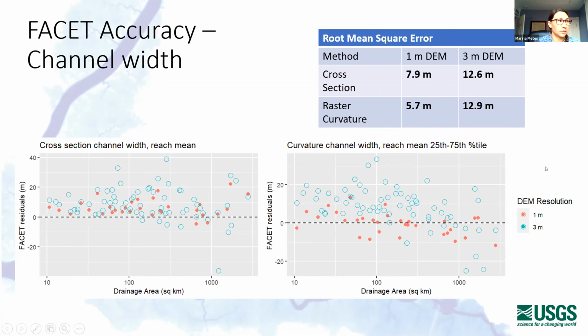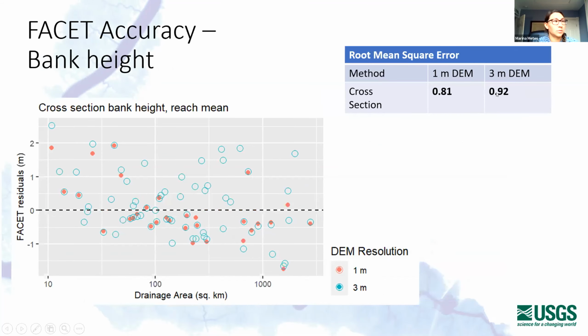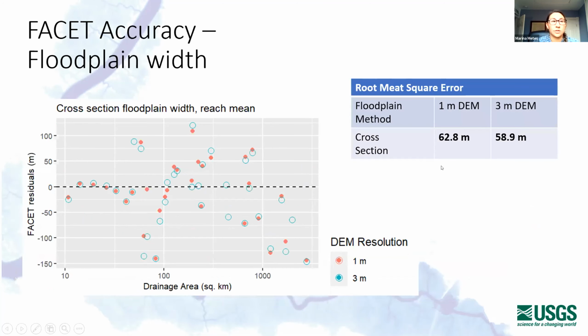With the bank heights, we didn't really see much of a change, a slight improvement with 1-meter DEMs, no clear pattern of under or over predicting at various drainage areas. And with the floodplain width, we actually had a slightly higher accuracy with 3-meter DEMs.